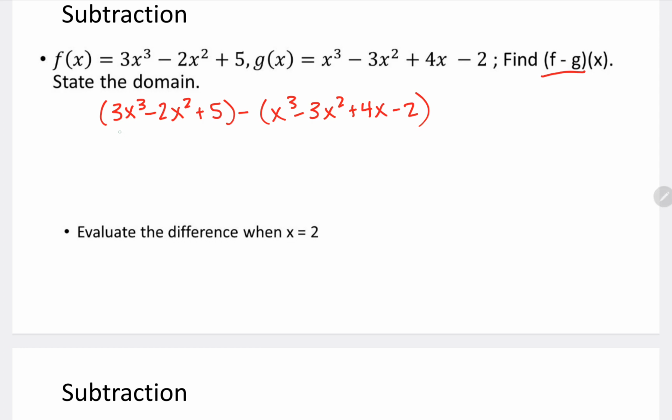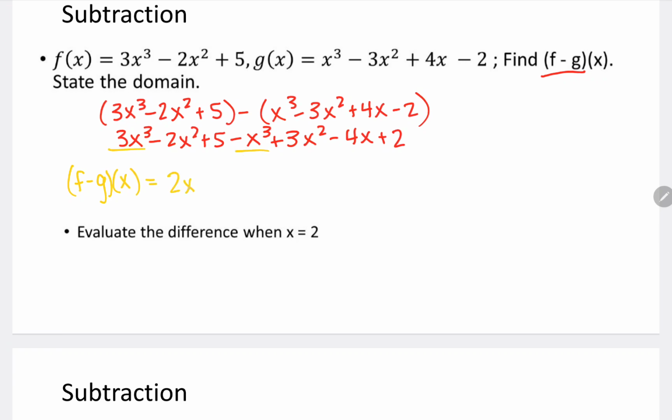The first thing I need to do is distribute that negative sign to everything in g, because we are subtracting g. So that means we're subtracting x cubed. It's going to turn into adding 3x squared minus 4x and a plus 2 before we then go through and combine like terms.